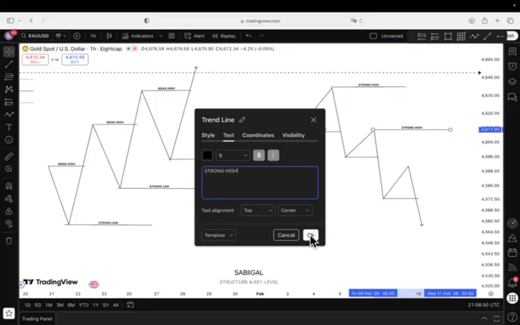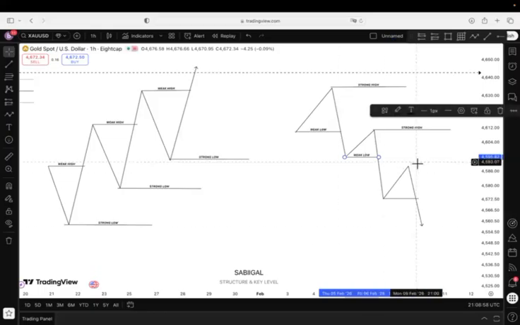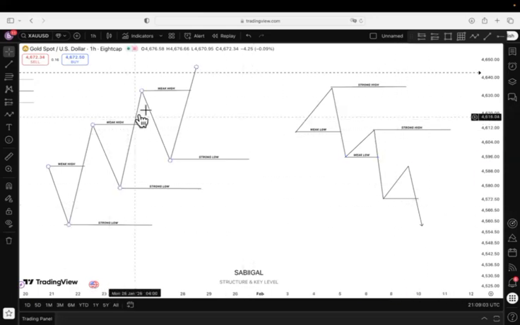So this is the strong high. This is the weak low because they got taken out. The same as this as well. So whenever this guy gets taken out, the entire thing that happened here is basic. All right.